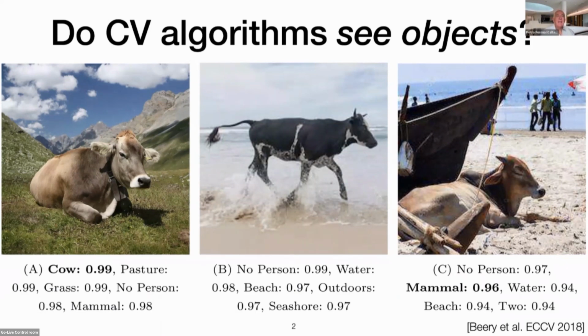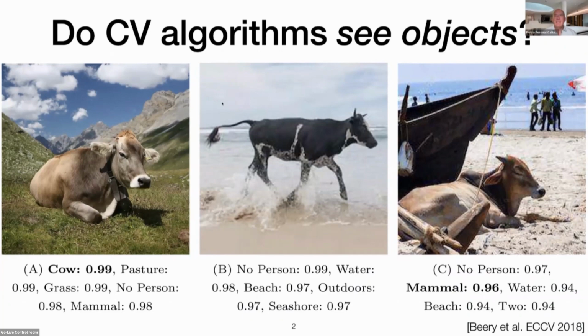Clarifai thinks that cow is really there, but the other 2 pictures are a big problem. What's happening is that the pictures in the middle and the right are not typical pictures of cows, and there are cows in new environments, and therefore the system is confused. So this gives you the impression that current systems do not really see the objects, don't learn the objects, but learn just a conjunction of features. And that's, of course, a big problem.